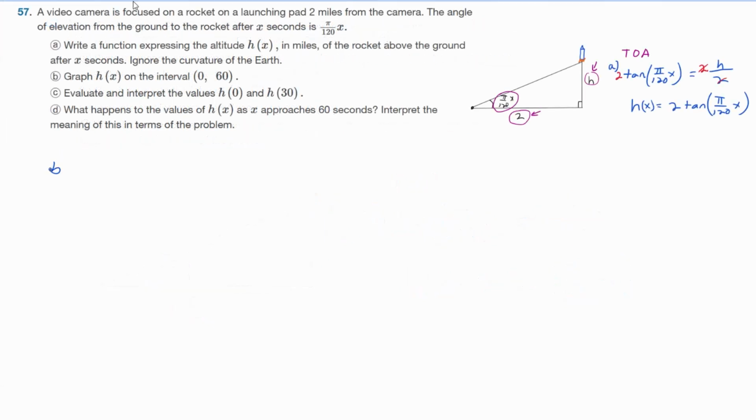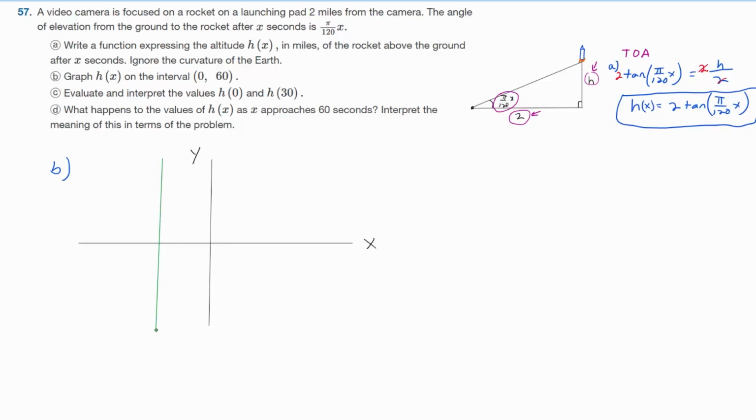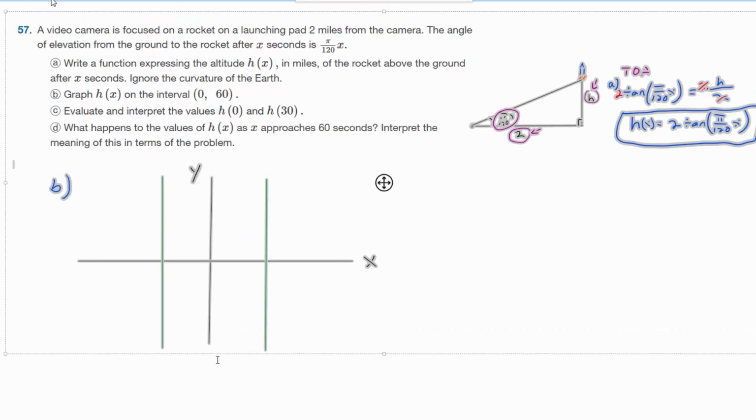In part B, we're graphing that function. So we're graphing this guy. I'm just going to graph the whole thing, and then I'll have to make some adjustments. So there's your xy plane. And whenever we graph the main period of a tangent function, we graph the asymptotes to the left of the y-axis and right of the y-axis, same distance away from the y-axis, just in the opposite direction.